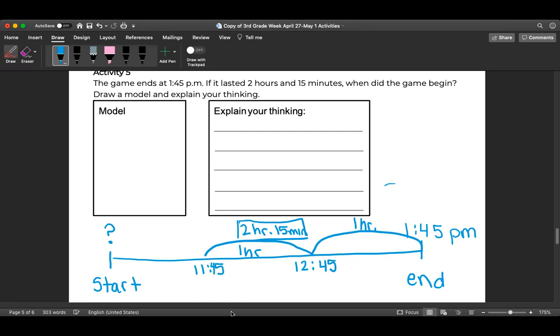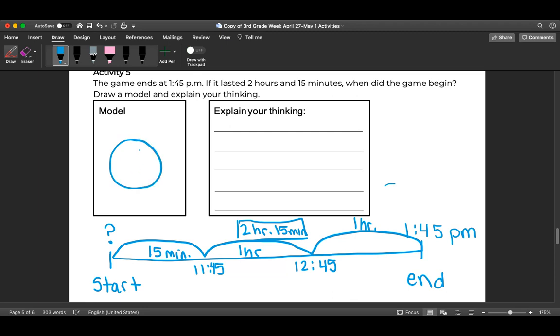Forgot my 4. 11:45. And now I need to go back 15 more minutes because I've gone back 1 hour, 2 hours, and now, even though this jump is big, I'm going to label it as 15 minutes. And so if this jump is 15 minutes, I have to think about my clock, and I'm actually going to draw up here this model.